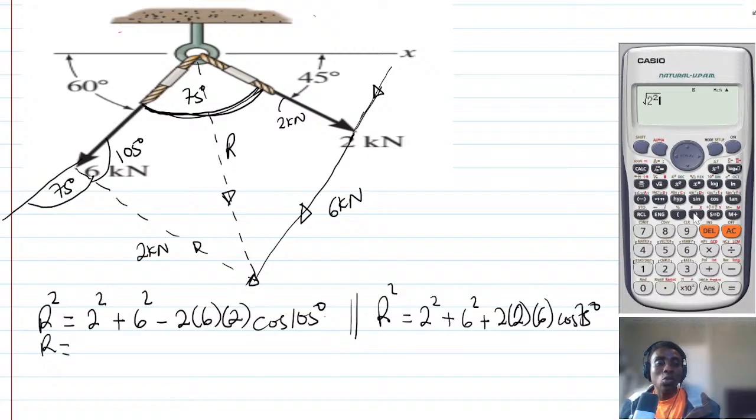So we have 2 squared plus 6 squared minus 2 times 6 times 2 cosine 105. So the answer is 6.8 kilonewton.